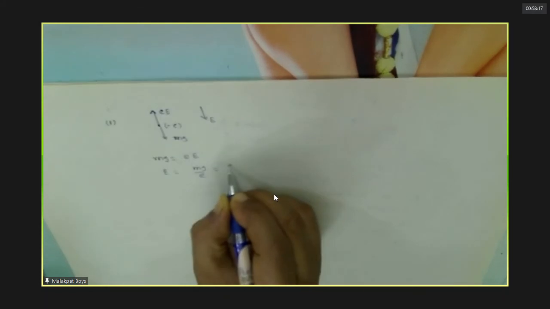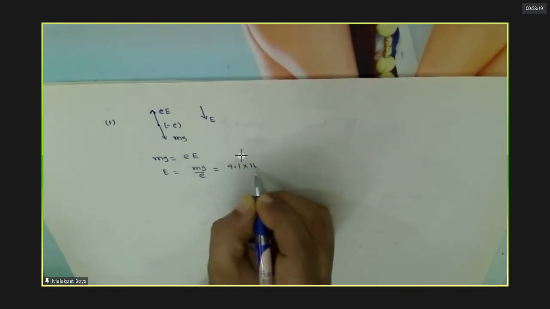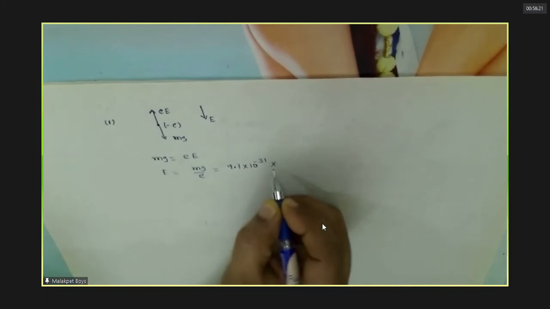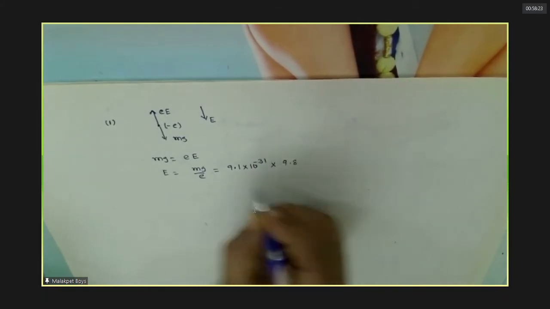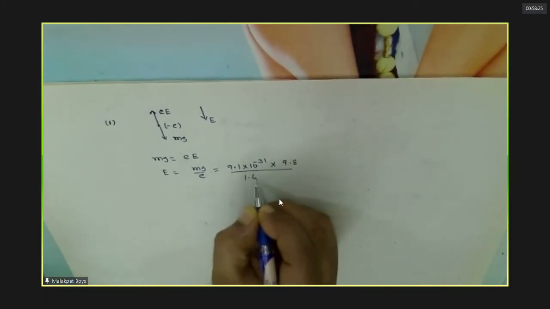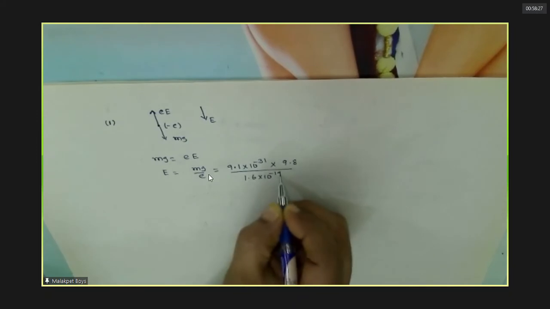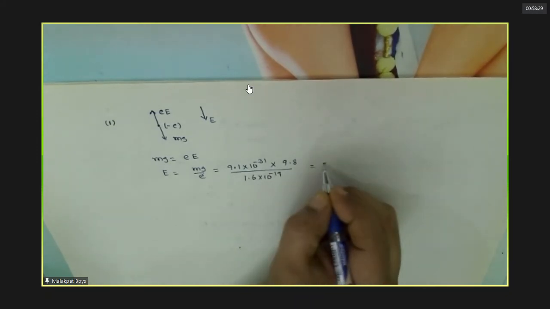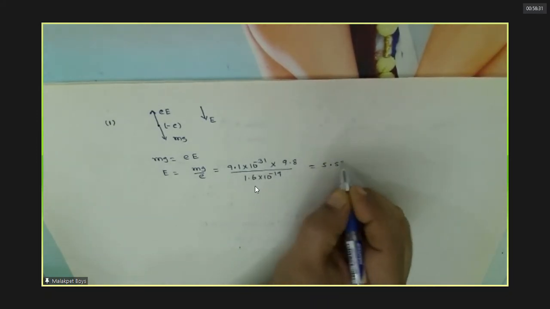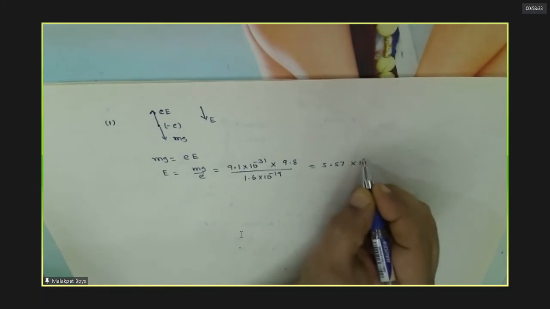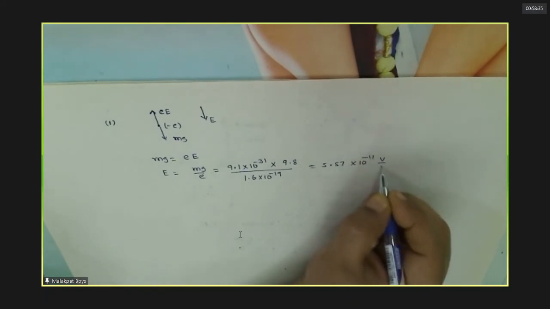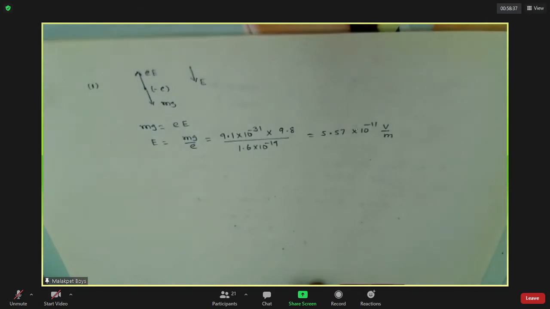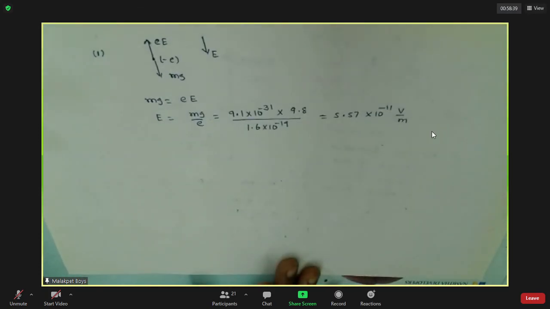This is 9.1, g is 9.8. Got this? Yes, sir. Understood.